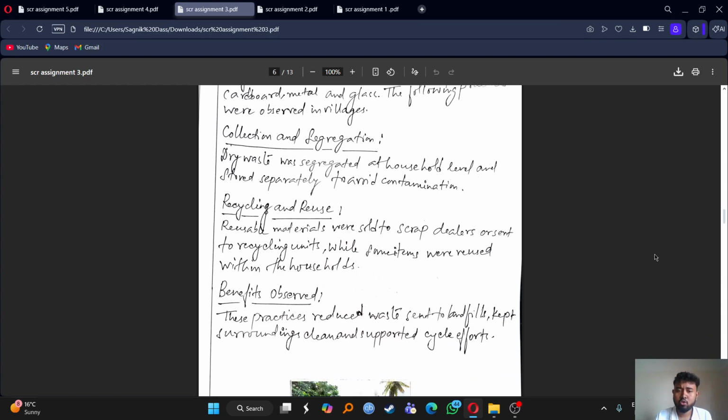We also reused some of the materials, selling them to scrap dealers or recycle units. As I already mentioned, plastics, glass, and wood materials can be recycled. We place them into the recycle units nearby.